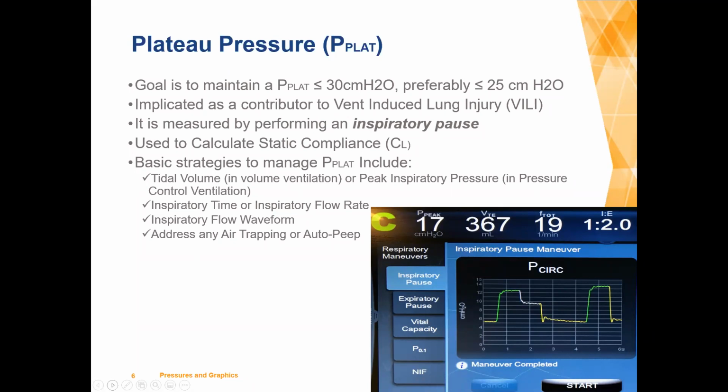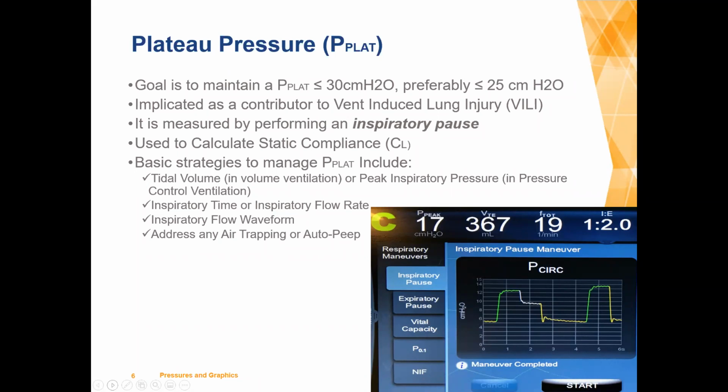The guidance there is, once you've reduced the tidal volume to as low as 4 mLs per kg, and you've tweaked the inspiratory flow or the I time in order to deliver that breath more kindly and gently, et cetera, in some cases you just need to accept for a period of time a plateau pressure that's north of 30. The point of it, though, is that your goal is to get it at or below 30, preferably at or below 25. It's implicated as a major contributor to VILI, again, or vent-induced lung injury.